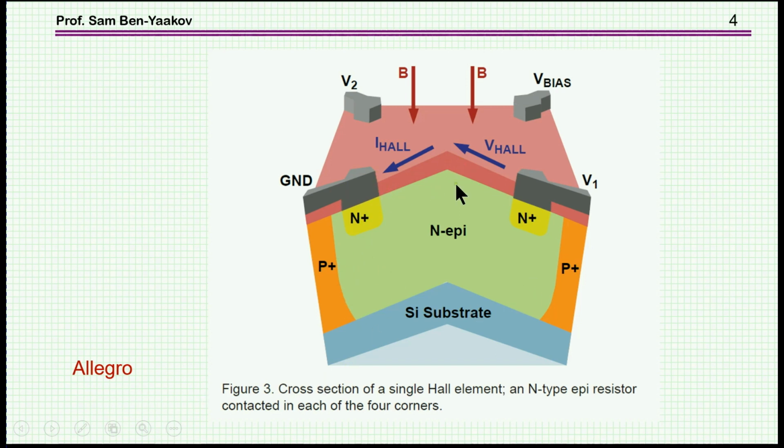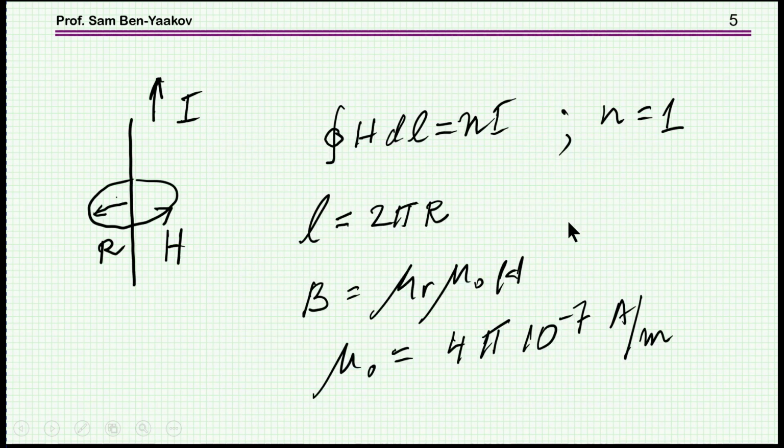We see here the conductor, and here we have the bias. This is the current passing from here to ground, and then we have the magnetic flux going here, and the output will be measured between these two points. So this is a small device manufactured by microelectronics technology.